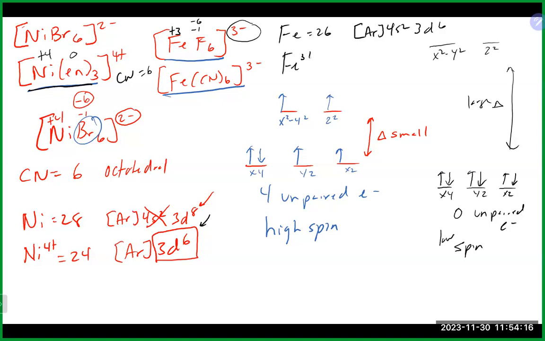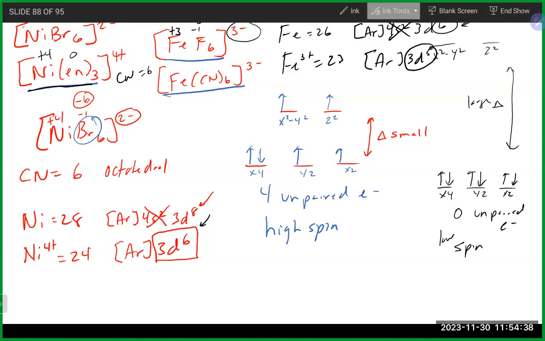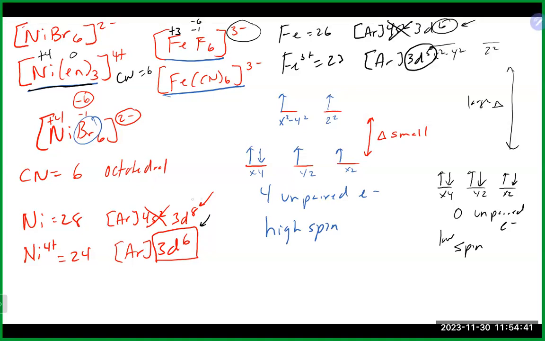That means it will drop to 23 electrons. We lose our s electrons like we talked about before, and then we also lose an electron in the d. That gives us argon 3d5. So it is those 5 electrons that we're going to distribute in this case. We'll take a look at it here, get rid of this, and draw it over here.